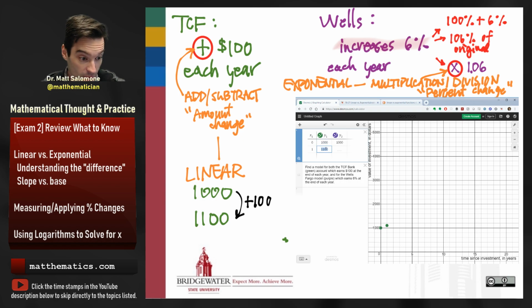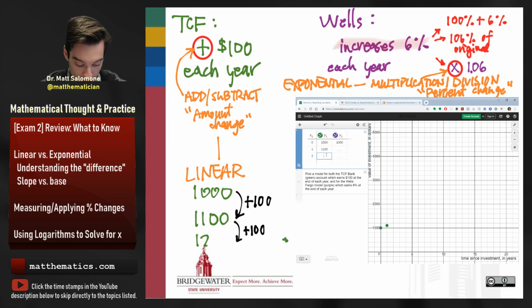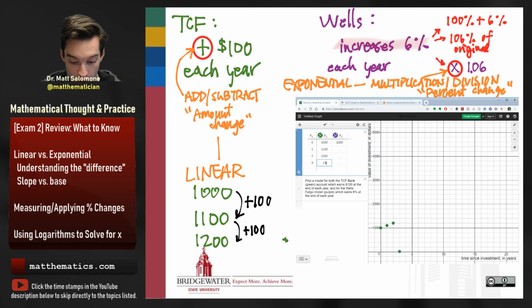And then if we can go forward one more year, let's just do it. At the end of year 2, we would be yet again adding another $100 to that value of that account. So every year that passes, the amount of additional money that we're getting in this account remains the same. It's a constant amount rate of change. $1,200 at the end of the second year. $1,300 at the end of the third year.